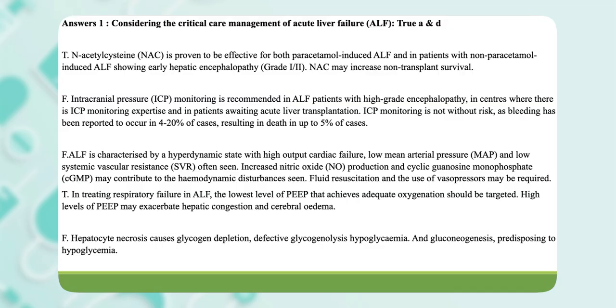When there is a fulminant hepatic failure, there is the King's College criteria, basically acetaminophen induced disease or non-acetaminophen induced disease like hepatitis. For acetaminophen induced disease, when pH is less than 7.30, or prothrombin time is more than 100 seconds, or creatinine is more than 3.4, and grade 3 or grade 4 encephalopathy.